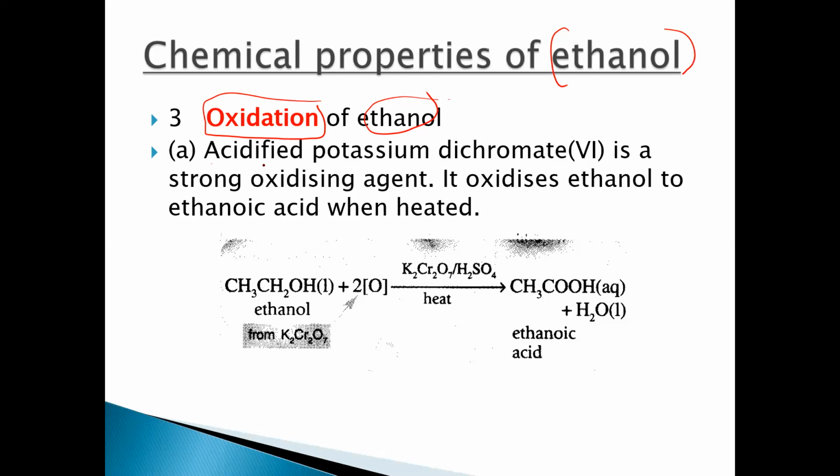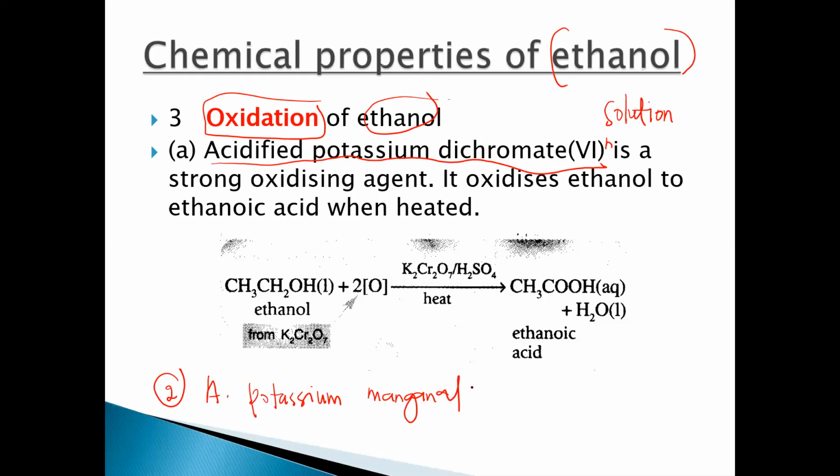Another one is called acidified potassium dichromate 6 solution. Must have the word solution. So teacher can use two things: acidified potassium dichromate 6 solution, or acidified potassium manganate 7 solution. I use these two.